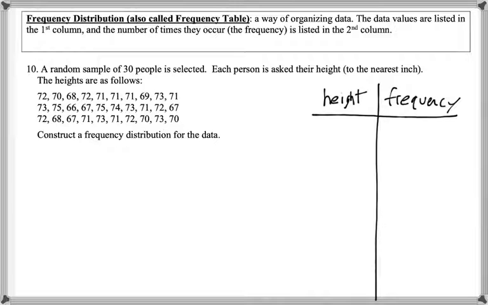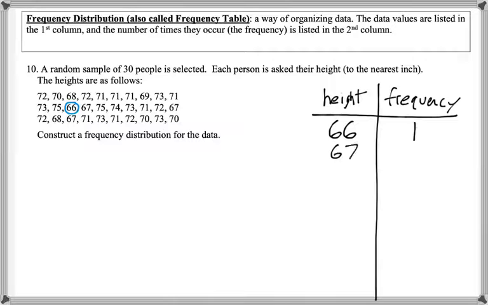And I want my data to be organized, so I want to find the lowest value, and that would be 66. And 66 has a frequency of 1 because there's only one 66 here.